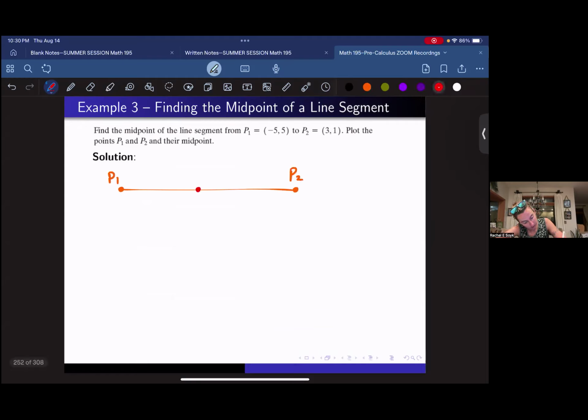So we're asked to find our M. So M is equal to your average of your 2 x values, x1 plus x2 divided by 2. This is our x1, this is our x2. And then our 2 y values for your y coordinate point. y1 plus y2 divided by 2. This is my y2. Sorry, that's my y1. And this is my y2.